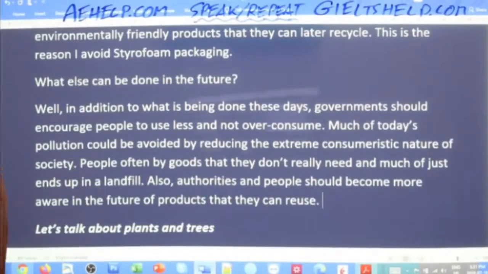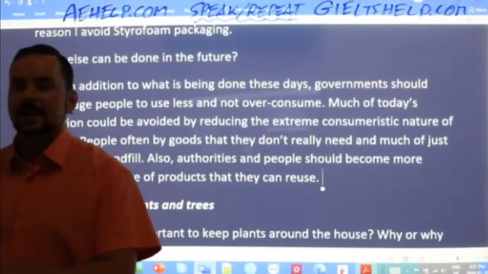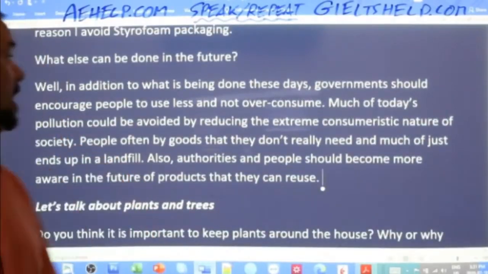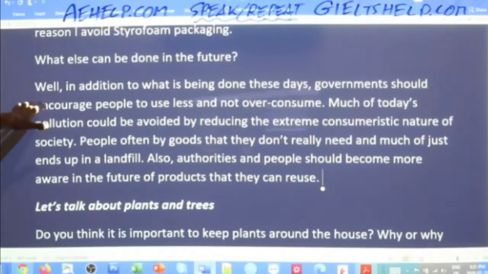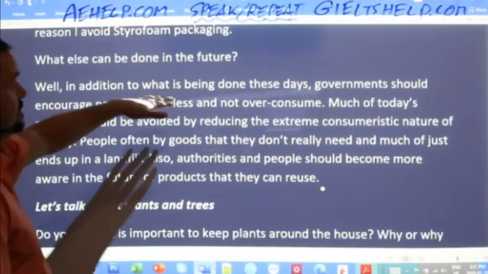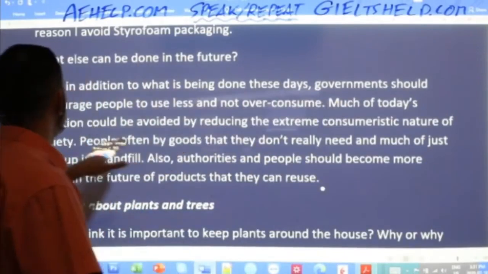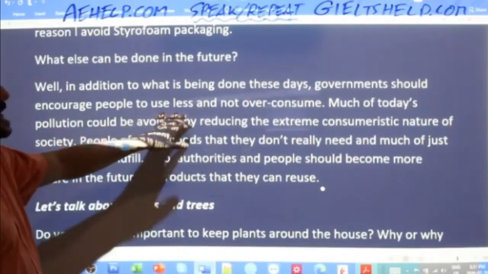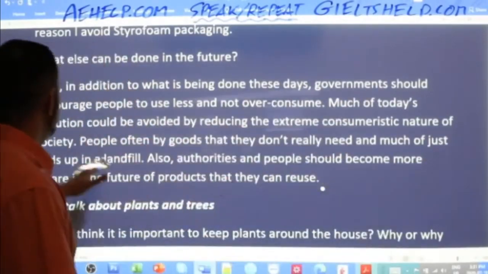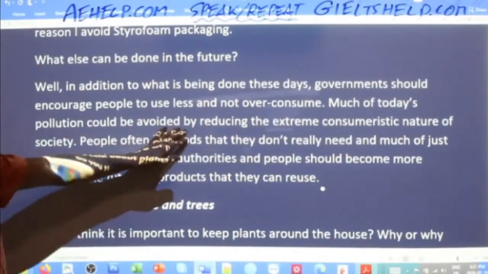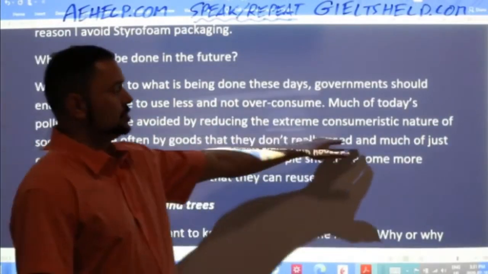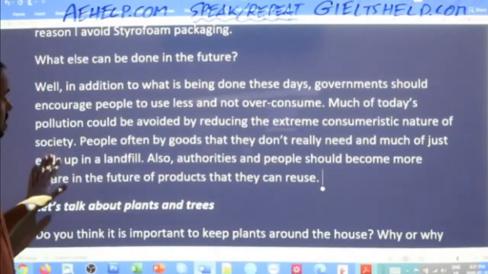Okay. All right. So here's my answer. Repeat after me. What else can be done in the future? Well, in addition to what is being done these days, governments should encourage people to use less and not overconsume. Much of today's pollution could be avoided by reducing the extreme consumeristic nature of society.